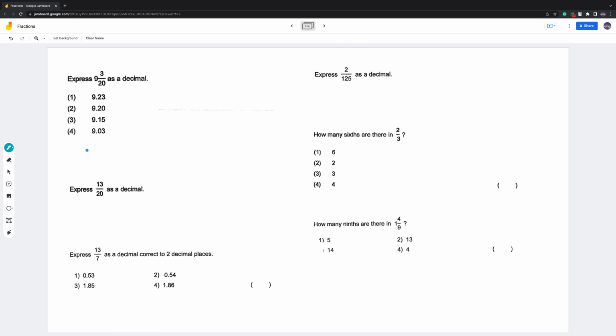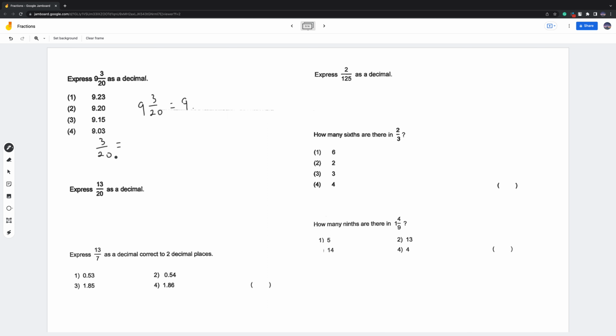Okay, let's take a look at a few more questions. Express 9 3/20 as a decimal again. So we have a whole number this time. The whole number will be in front of the decimal, that's all. And for 3/20, you can do your working somewhere in your paper.